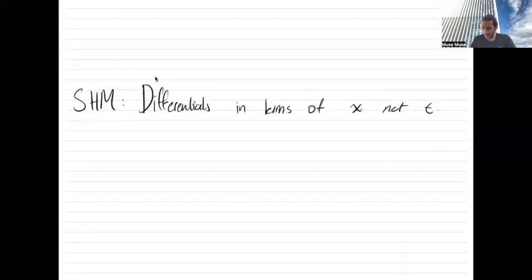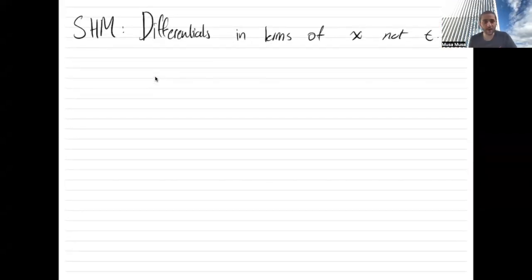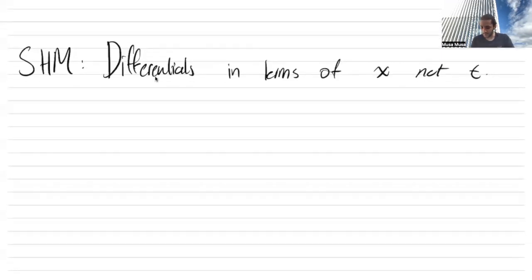Perfect. Now, the next thing that we have to talk about is simple harmonic motion, but with differentials in terms of x, not t. Okay, so what does this even mean? It's actually quite important because oftentimes, in the real world, things are written in terms of their differential equations.